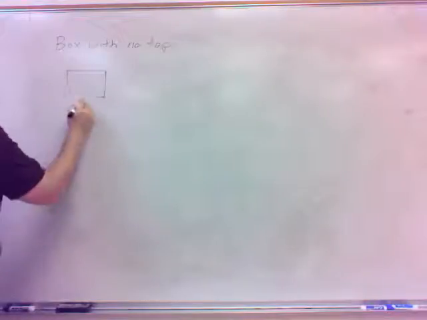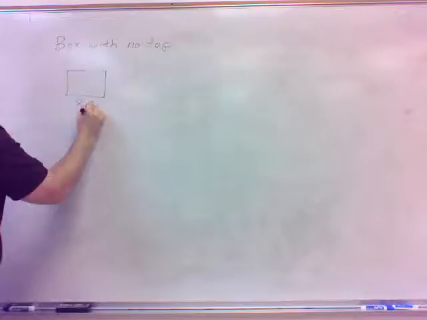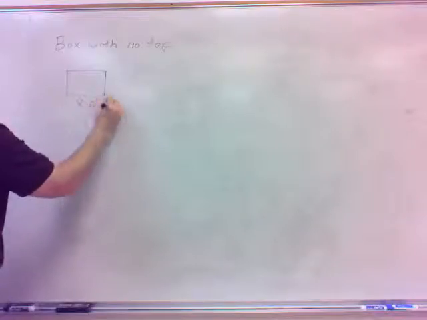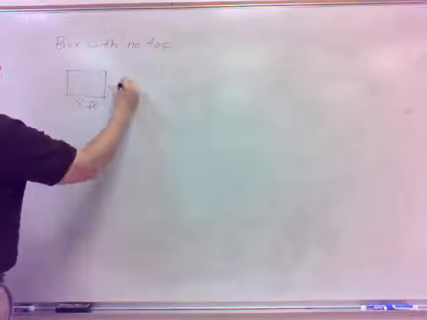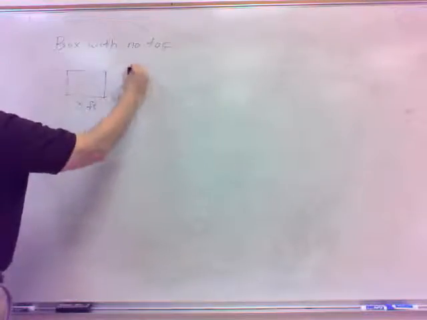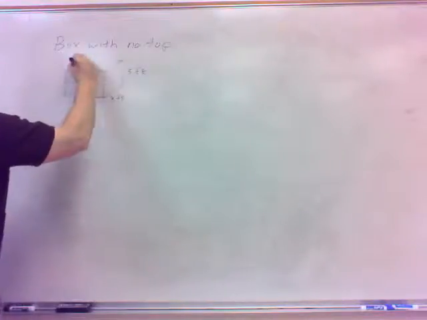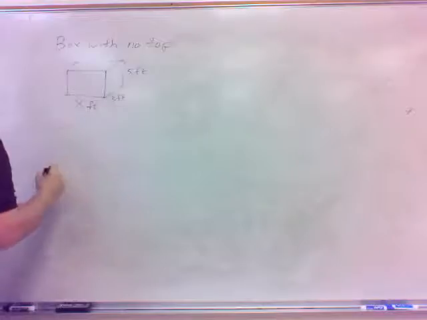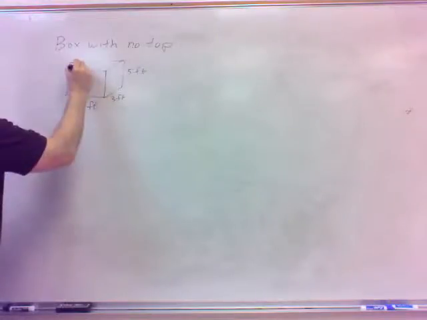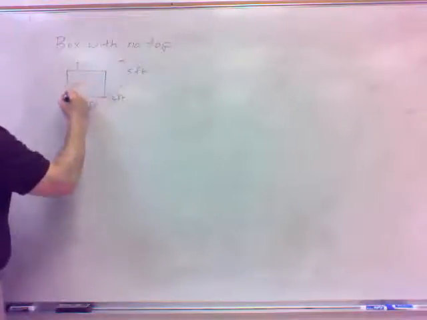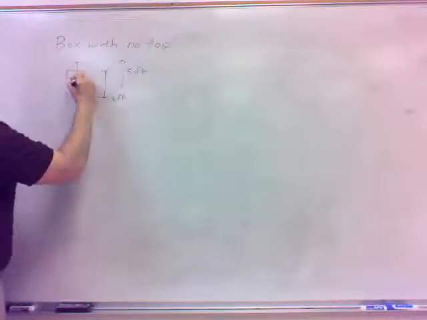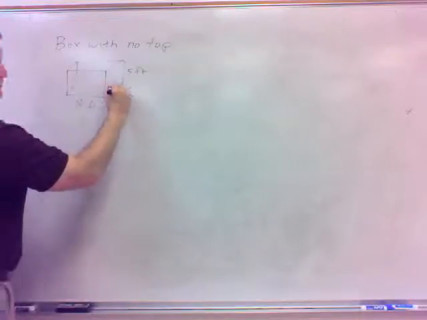Let's say it's 8 feet by 3 feet by 5 feet. But it doesn't have a top. So the top's not there. It does have the bottom and the sides and all that.